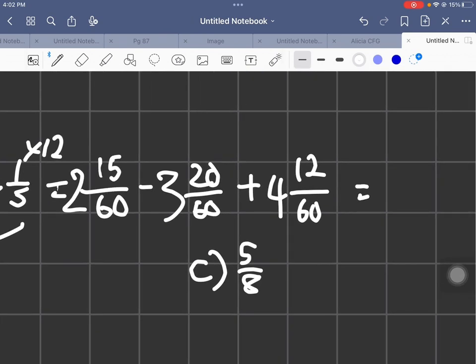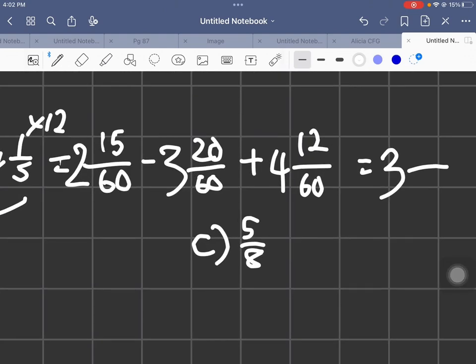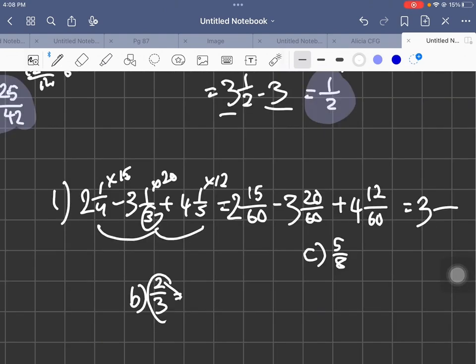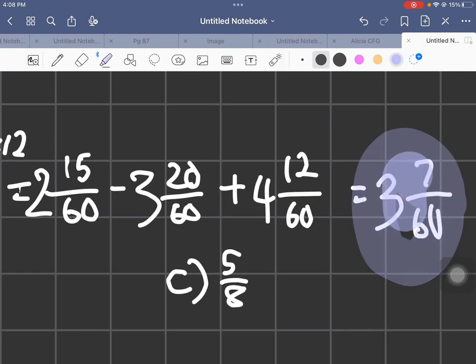Two times 3 equals negative 1. Negative 1 plus 4 equals 3. 15 minus 20, we'll get negative 5. But negative 5 plus 12, we'll get 7 over 60. So the answer is 3 and 7 over 60.